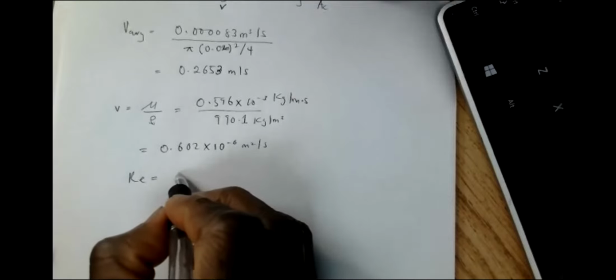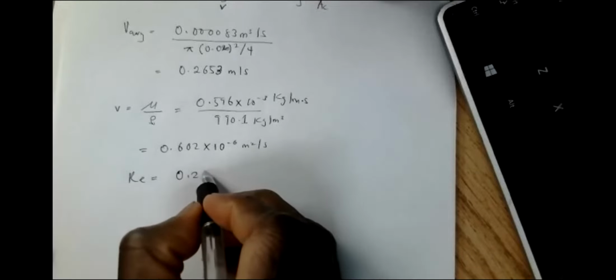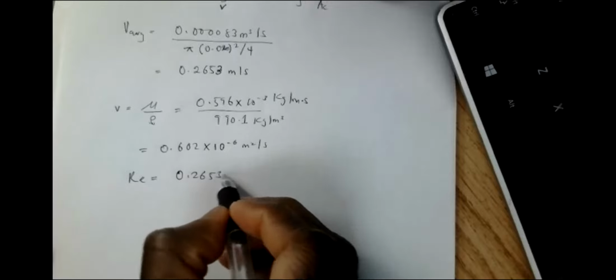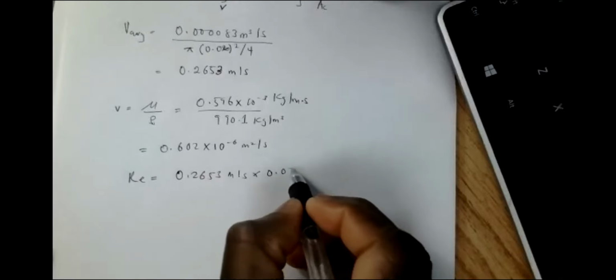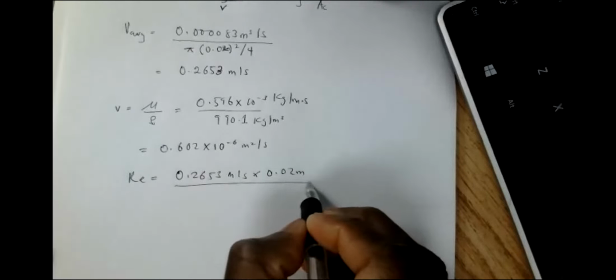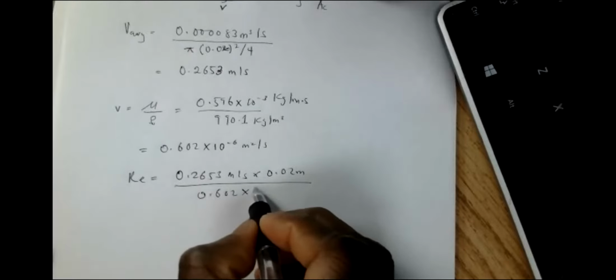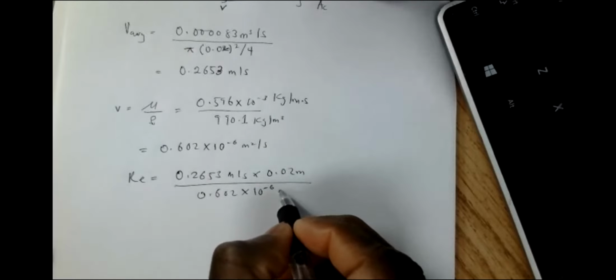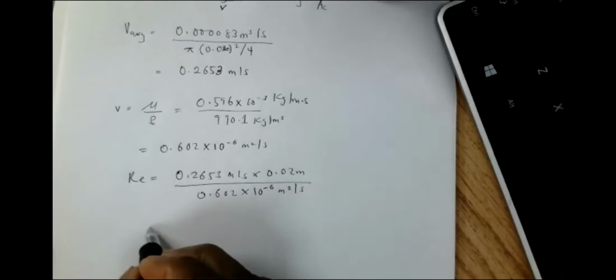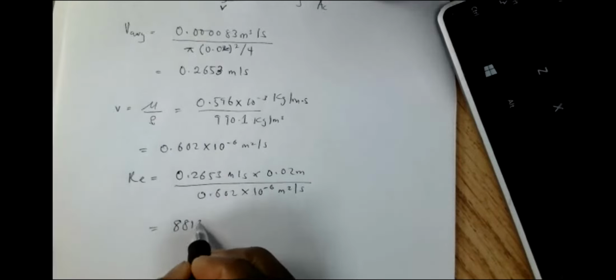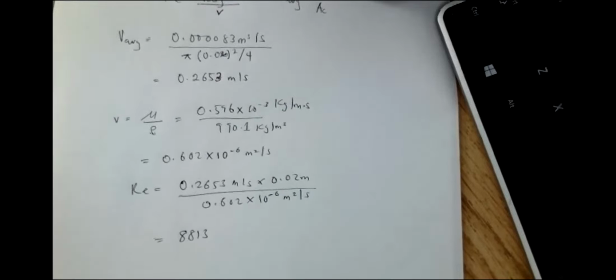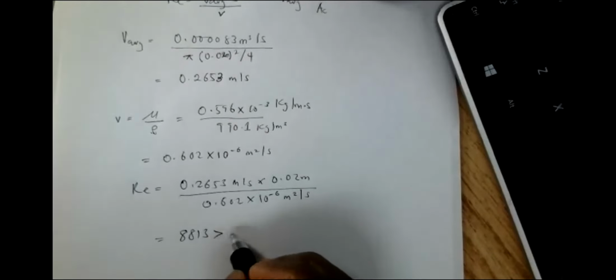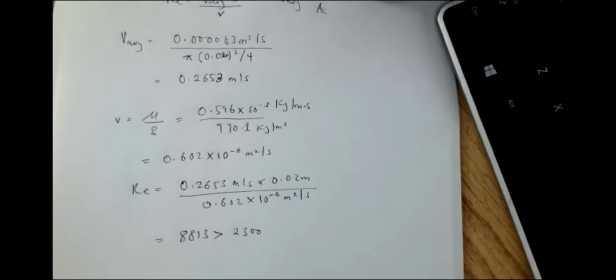We get this to be 8,813, which is way greater than 2,300, right? So at this point, our fluid has fully developed.